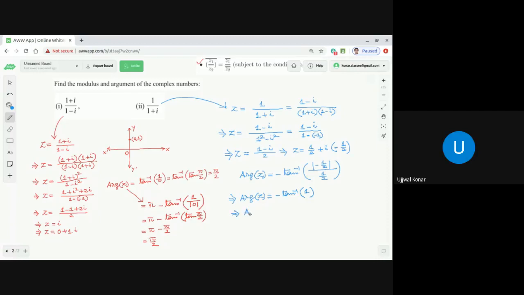That implies the argument of Z is equal to minus of tan inverse of 1. If you have looked into my video lectures, that is equal to pi by 4. So from here, what we get is that argument of Z is equal to minus pi by 4. So this table, what I mentioned, dear students, if you just remember, finding argument becomes so simple.